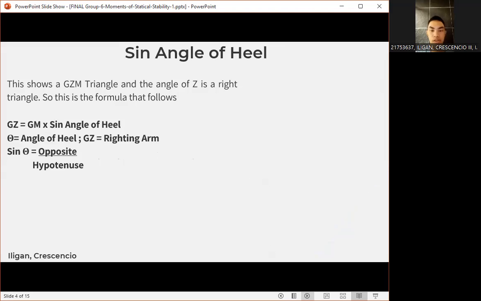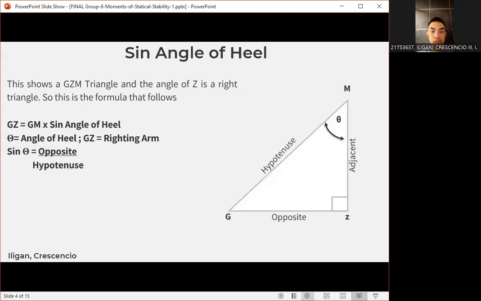Now, how to find the sine angle of heel. We assume that a ship heels a given degree. A right triangle is formed. This is shown in the image on the right, where M is what we call the metacenter, GM is known as the metacentric height, and GZ as the righting lever or arm. Since it forms a right triangle, a simple formula is used.